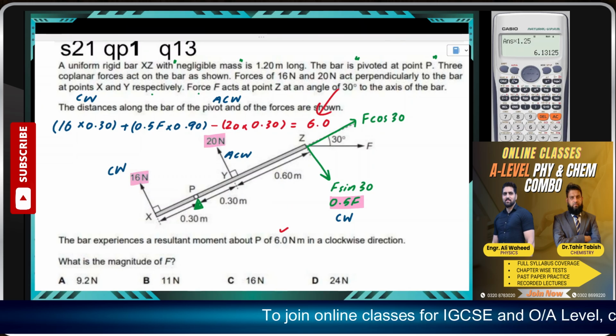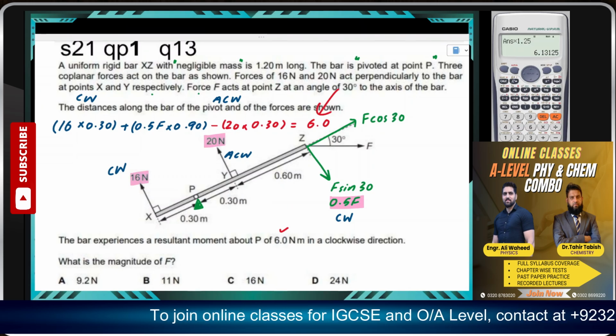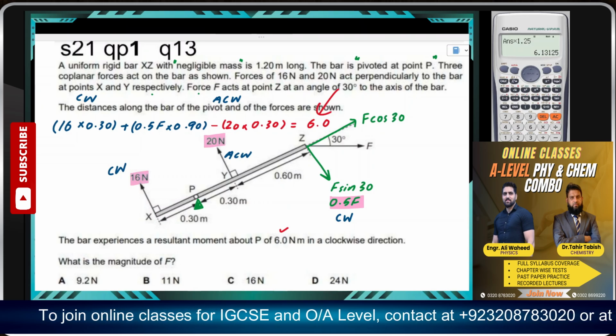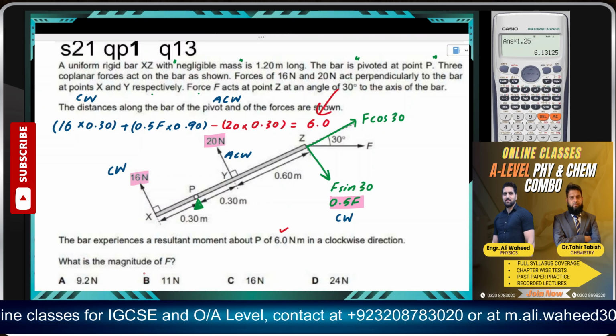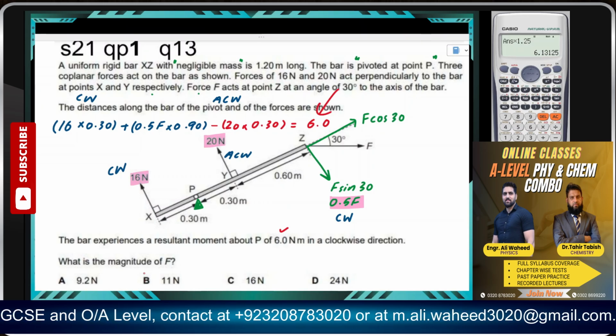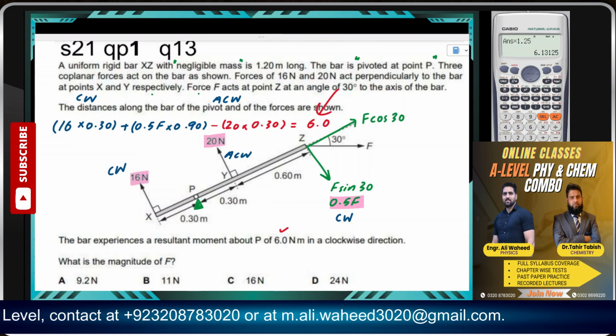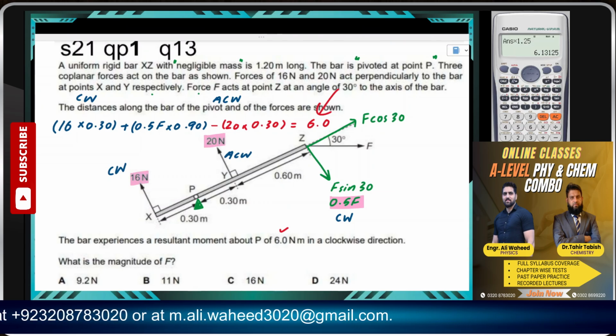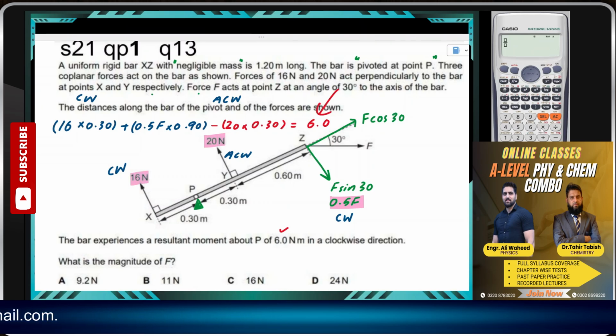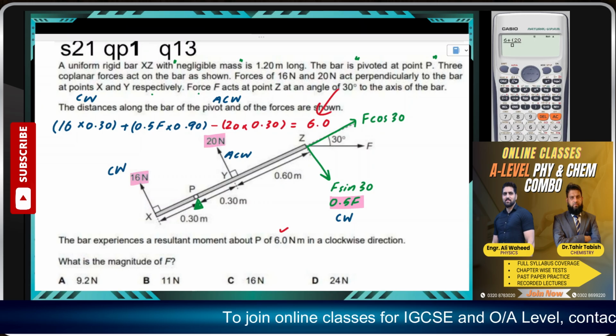So I'll try to write all at once if I could. So it should be 6. Let me write the fraction first. 6 from the right side plus 20 times 0.3.